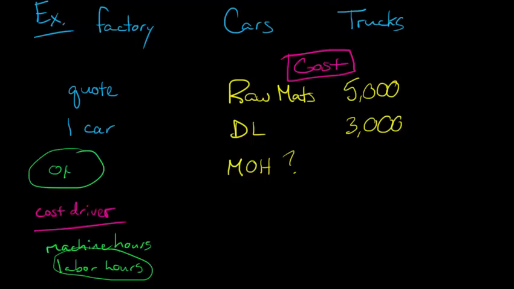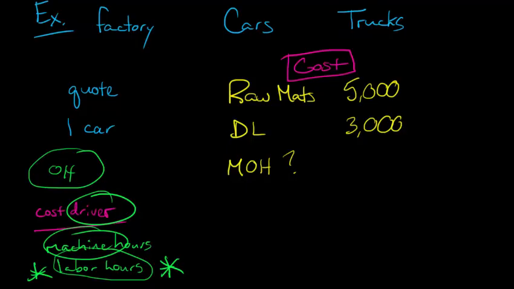It's a big pool. So there's something that's driving overhead costs, right? If we run the machine more, then it costs more for overhead. We know the relation's not going to be perfect, right? These things are in overhead because they're not directly traceable to begin with, but we want some kind of relation. And so at our firm, we think labor hours is the best cost driver.